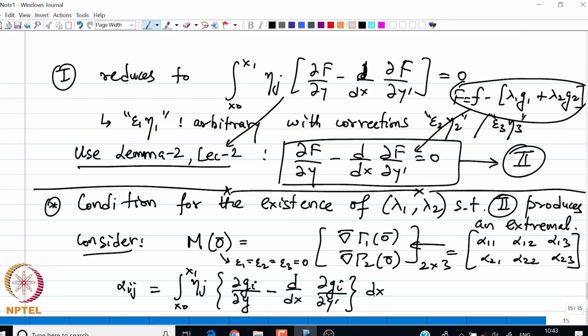And my augmented matrix will have an additional row, which is the gradient of theta.